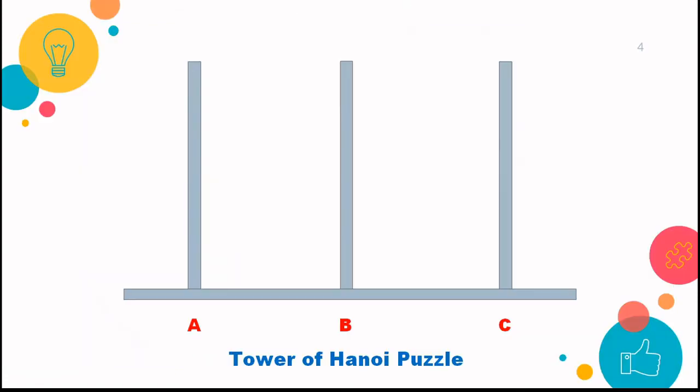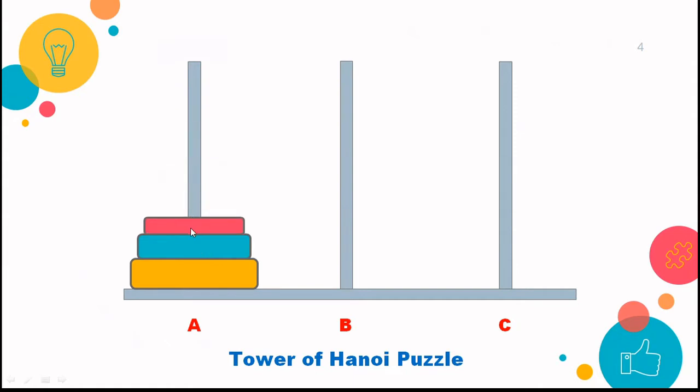Now let's understand it with the diagram. So A, B, C, these are the three pegs, or you can also call them towers, or poles, right? And here these are the discs, the yellow disc, the blue disc, and the pink disc.